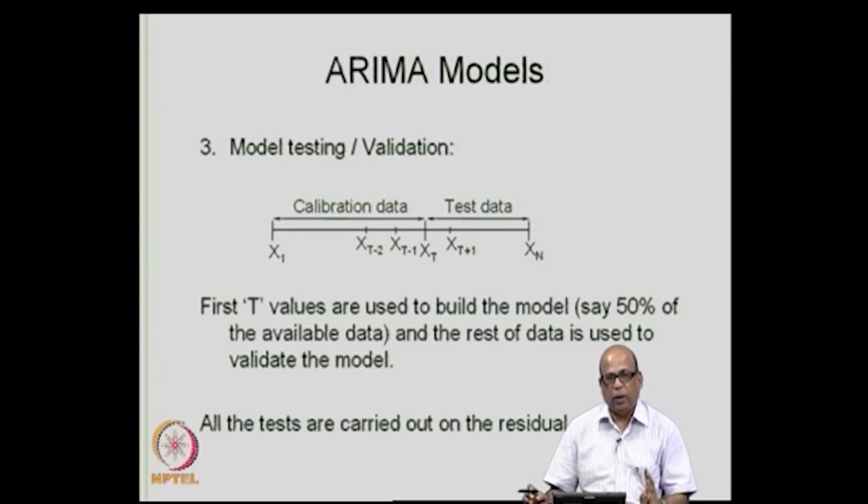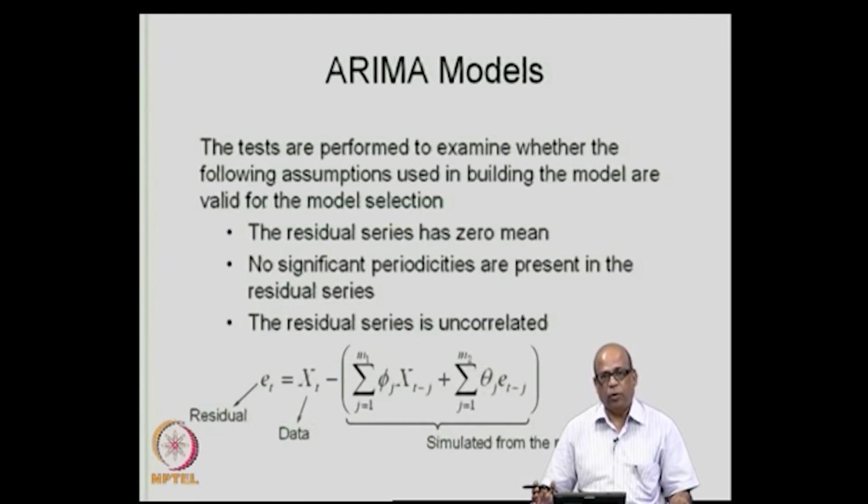So, we do 3 primary tests. One is to test the series that we have generated, namely the E t series, for a 0 mean, for being devoid of any periodicities, and for being uncorrelated.